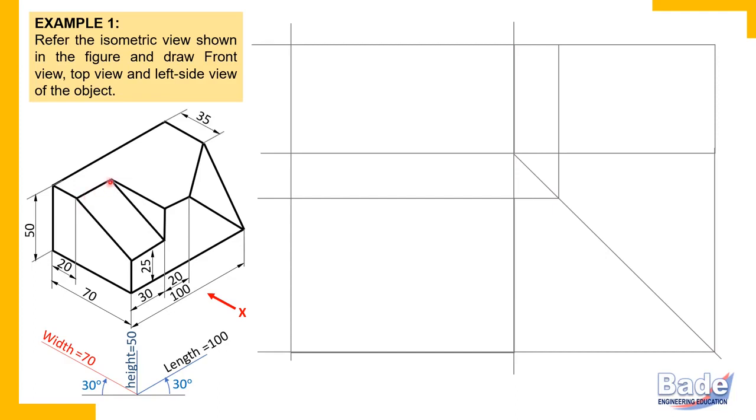Try to understand. This edge is a principal edge because it is parallel to the length axis, and length does not appear in the side view. So this edge simply appears as a point in the side view. So this surface is perpendicular to PP. Listen to what I am telling you.